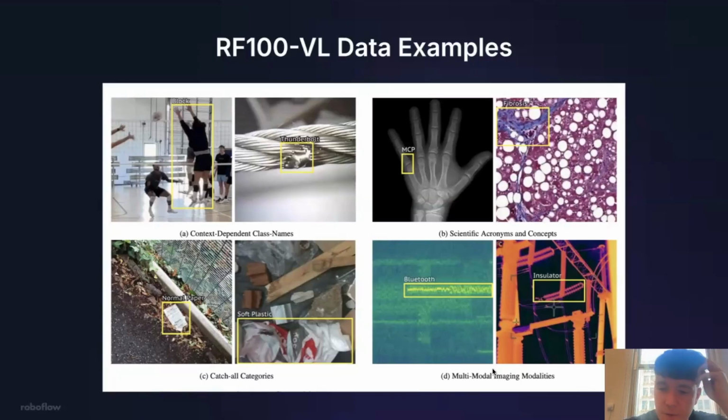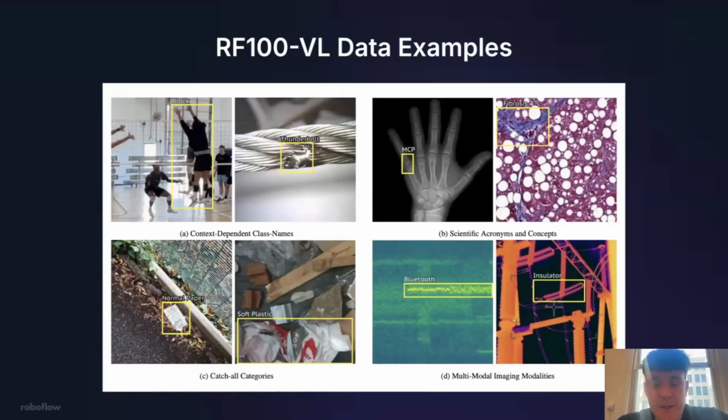And then there's a lot of multimodal imaging. We have infrared, we have wave signals, which is also very interesting and not a standard thing that VLMs would, I suspect, see during pre-training. They might, but it's definitely more rare, so it can have those edge cases as well.